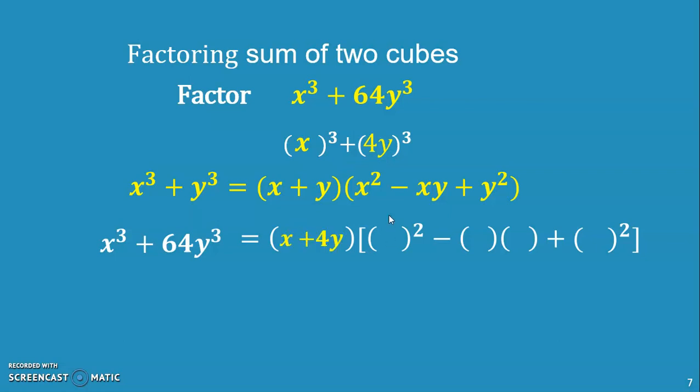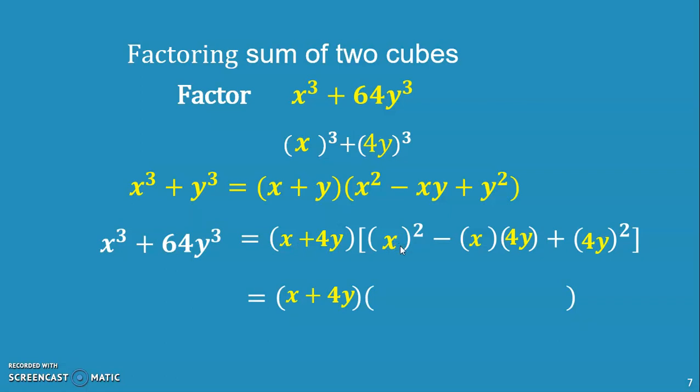Okay, next, second factor, square of the first term, so x squared minus the product of the first and second term, so first term is x, second natin is 4y. Then, square of the second term, which is the 4y. So, we will just simplify kung anong meron. Ganun pa rin, x plus 4y.